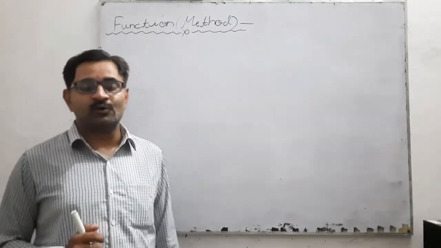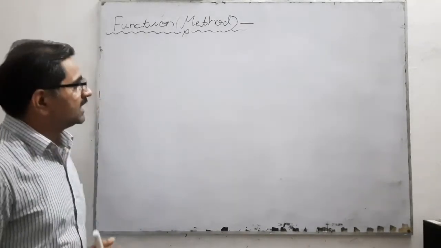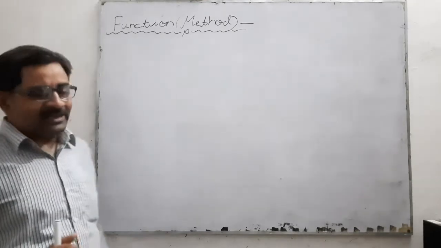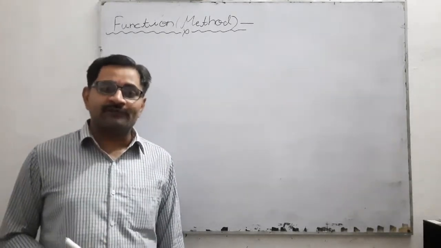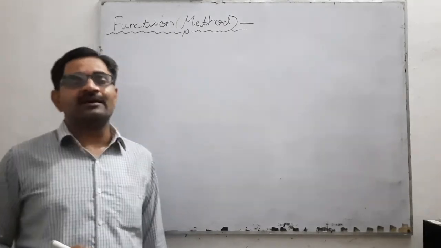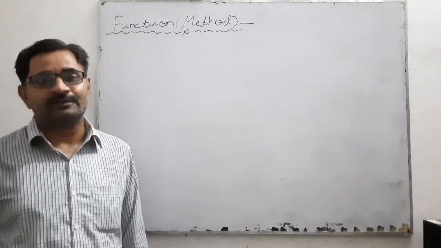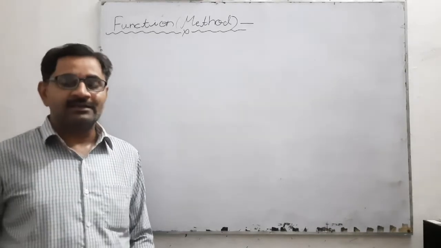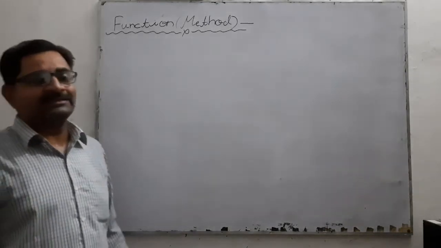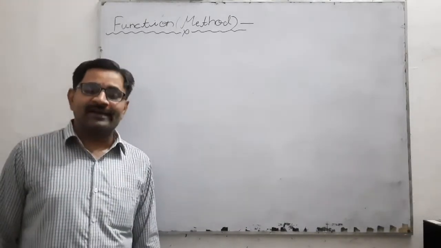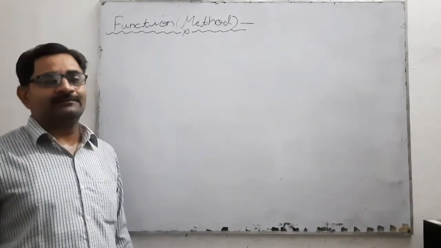Now when we use a function in a program, first of all you should declare a method, which is called a method declaration. So first we see how one can declare or define a method in a program.